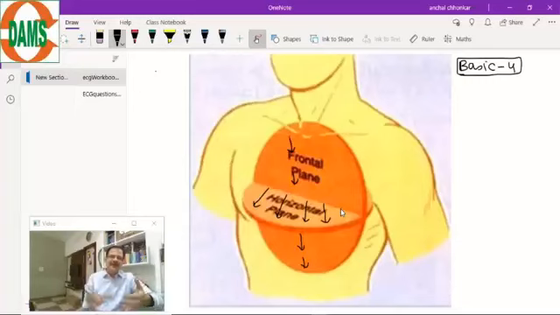And how will we detect it? From our basic number 3, which we have done earlier. We will place a galvanometer and make the connections so that we can detect this flow of current. This diagram was just to help you understand how electrical current travels in our heart, which is a three-dimensional structure.